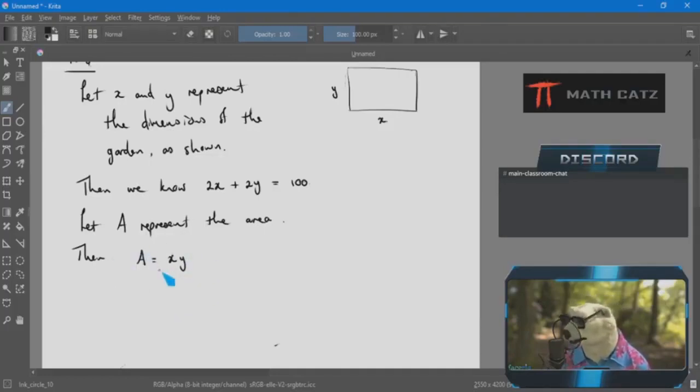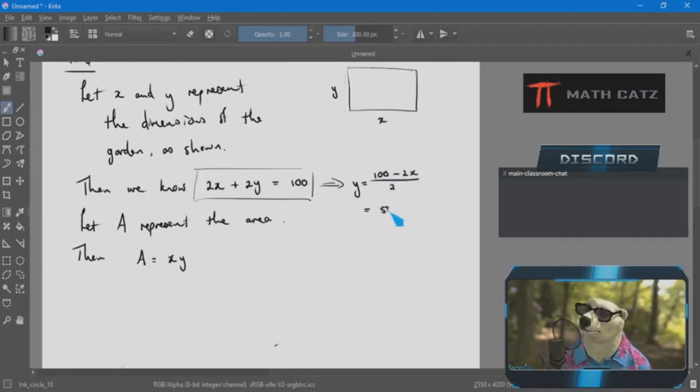So I'm kind of stuck here. And that is where this extra piece of information comes in, that I can solve one of the variables with this equation. And in this case, it's going to be 100 minus 2x over 2, or 50 minus x.